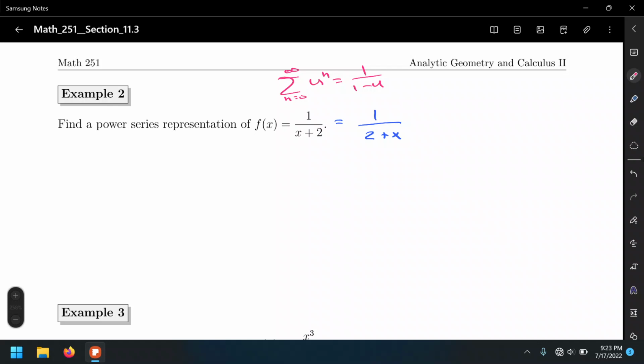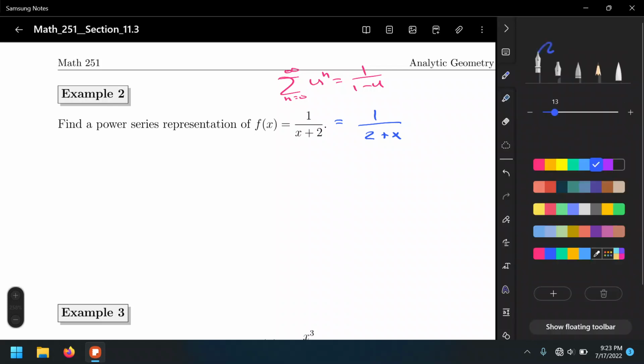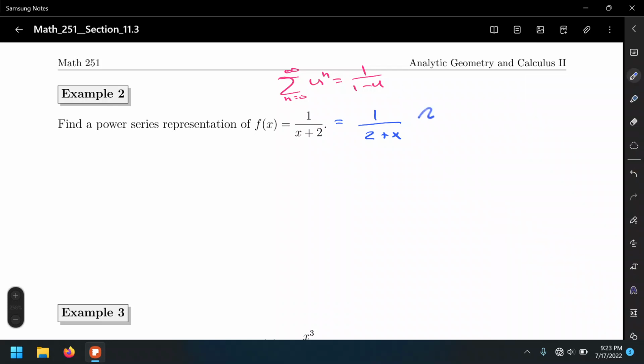There are a couple of ways to get rid of the 2. I guess the easiest one is to factor out the 2 from the denominator in this way: 1 over 2 times 1 plus, what quantity would give us back the x? In this case, x over 2. I know this one is going to take a few more steps than usual, but you'll see.